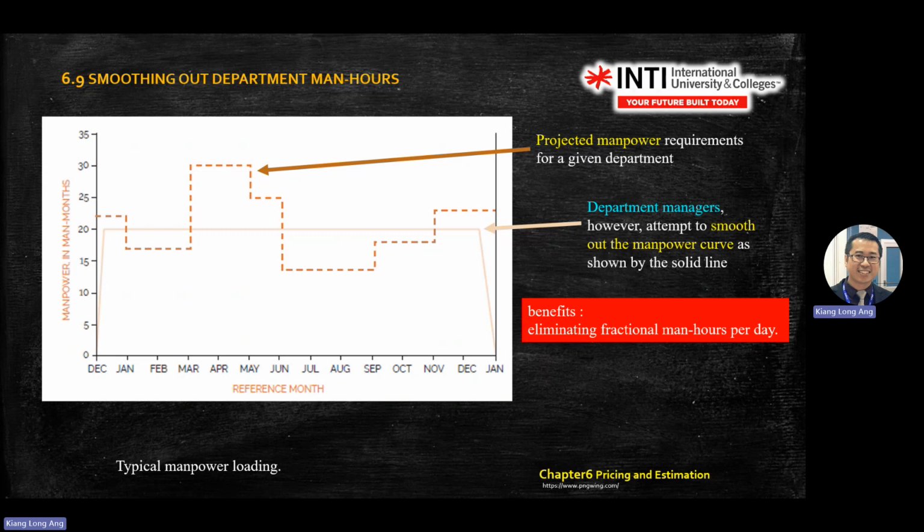Okay, so communication is important. Maybe you can project this whole graph to the whole company during a town hall and let all the department members attend, so they know when they will be very busy and when they will be a bit relaxed, so that they don't complain about why this month is so busy and that month so relaxed.